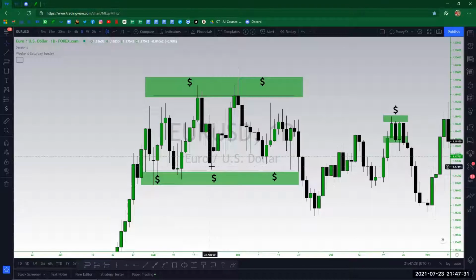Buy stops and sell stops are sources of liquidity above and below short-term and long-term highs and lows. Liquidity can also be engineered, meaning the banks' algorithm creates equal short-term highs and lows.